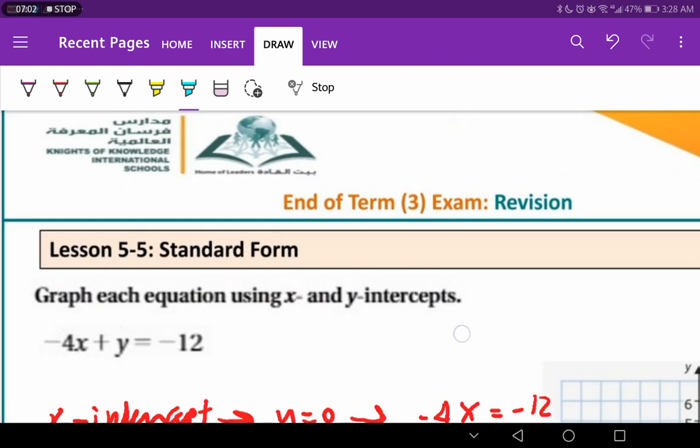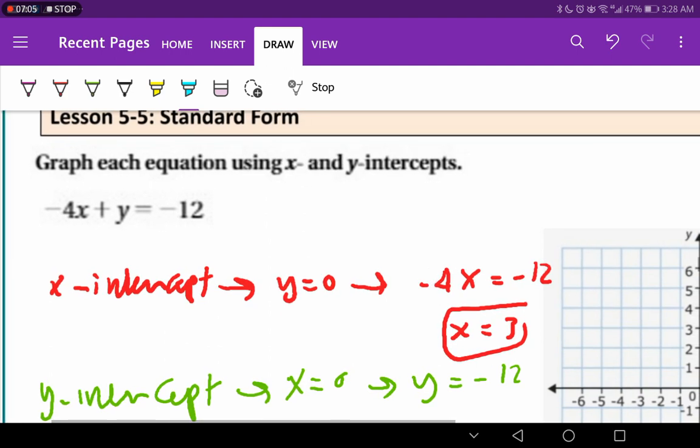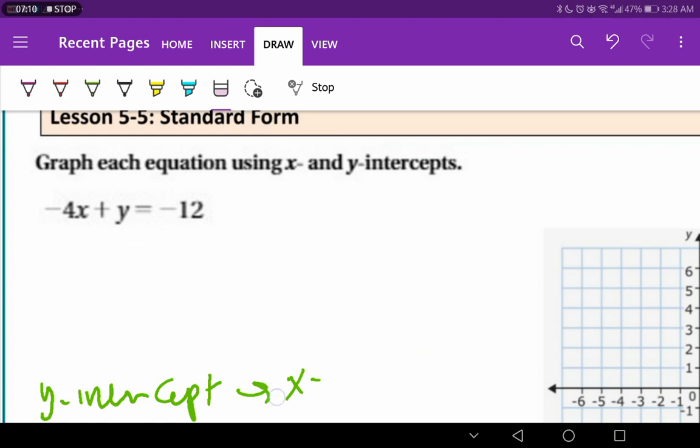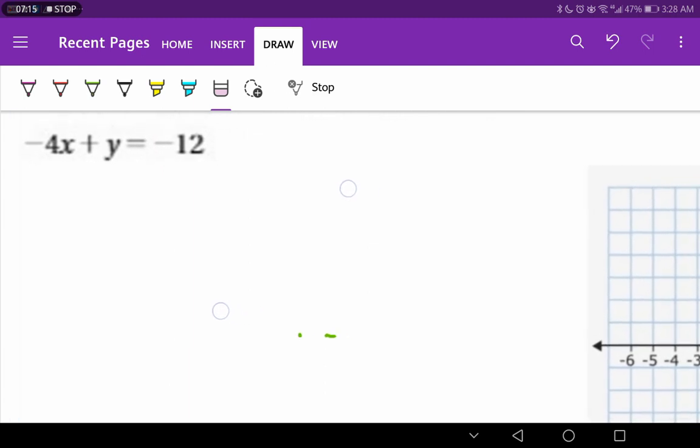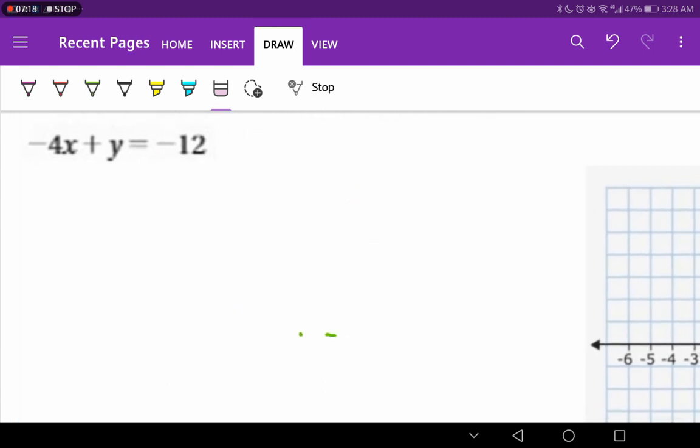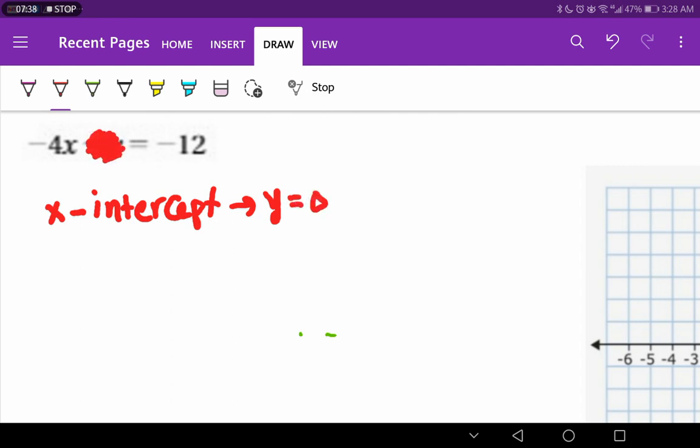If it's okay, let's move to graph each equation using x and y intercepts. Let us do it. How can we graph it? We have to find the x and the y-intercept. Let us start. We come back to the song. X-intercept means y equals 0. So I go to the y and erase it from the equation.